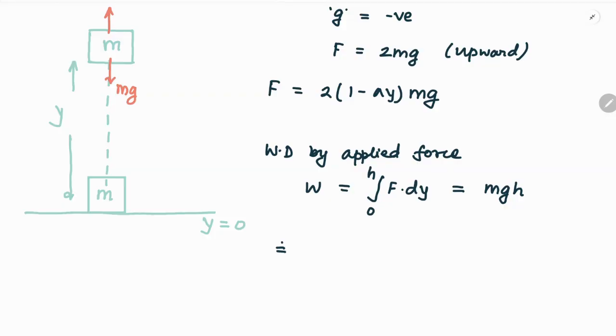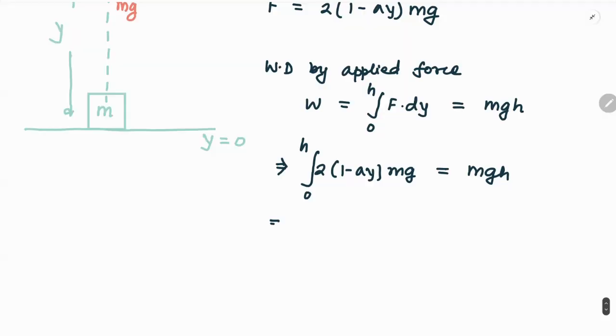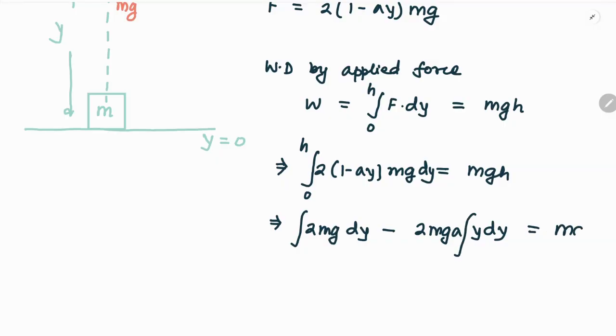So overall we can say that the integral of 2(1 minus ay)mg dy from 0 to a height h is equal to mgh. If we solve this, we get the integral of 2mg dy minus 2mg ay dy equals mgh from 0 to height h.